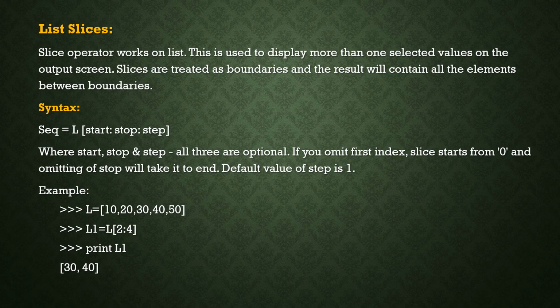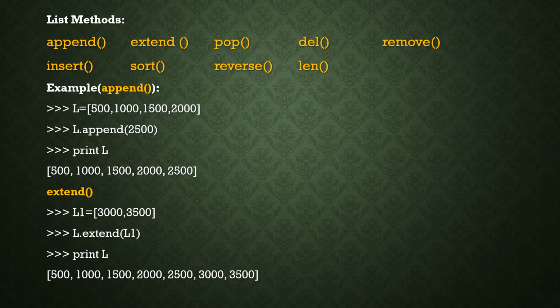L1 equal to L of 2 colon 4 indicates index values 2 and 3 instead of 4. So stop minus 1 we have to take, which gives 2 and 3. So print L1 will display 30, 40.